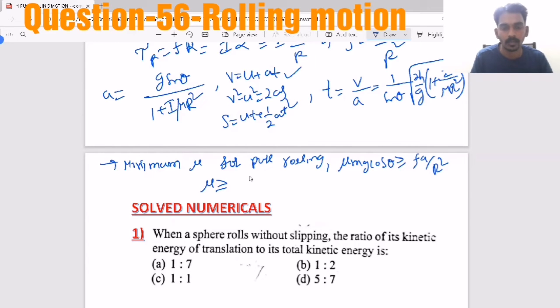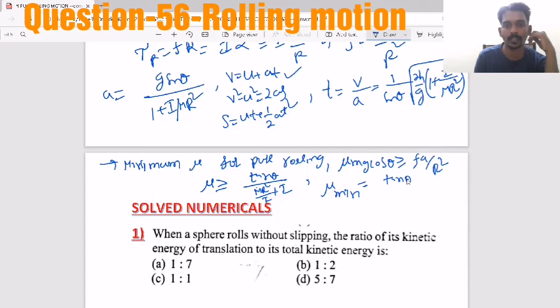Then the mu value will become greater than or equal to tan theta by 1 plus mr square by I. So this is the condition for the coefficient of friction, so that mu minimum will become tan theta by 1 plus mr square by I. So this is the condition.